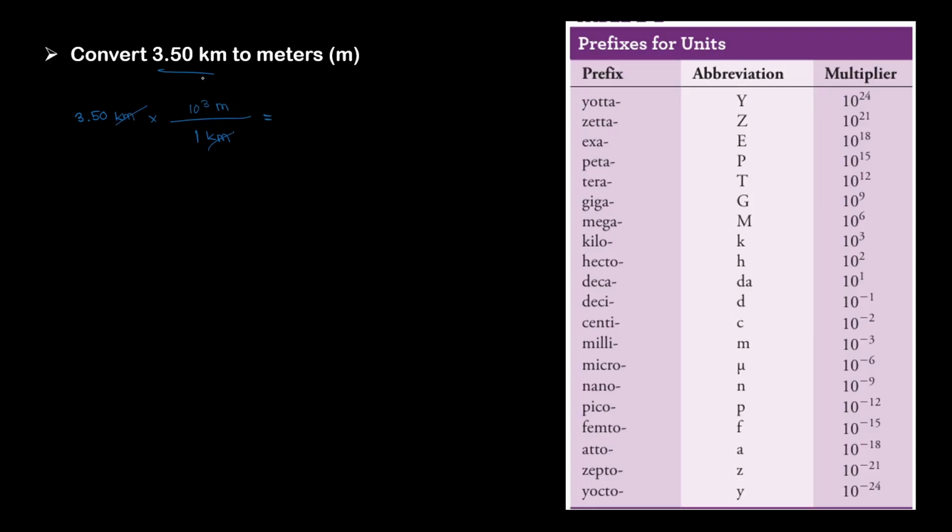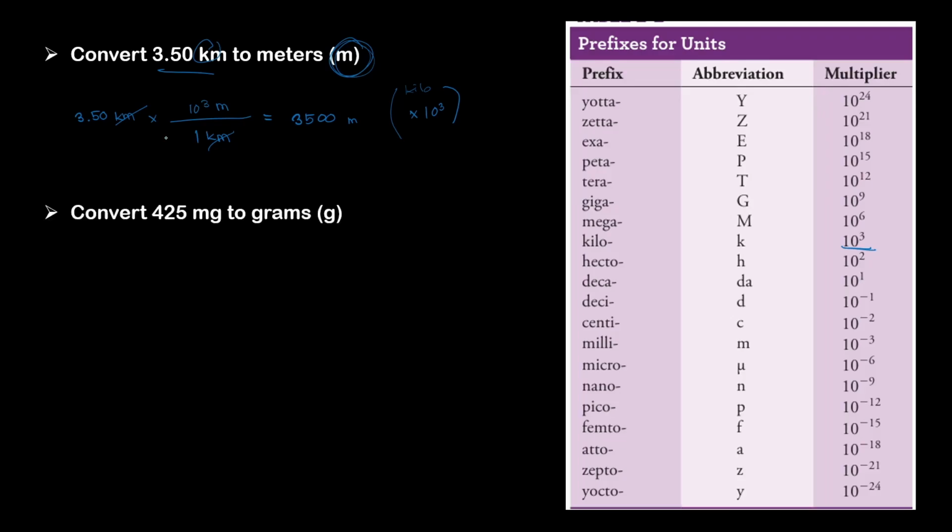So 3.5 times 10 to the power of 3 meter, then we will have 3,500 meter. That's how prefixes work. You just multiply this. So very easy, right? You don't even need to do this dimensional analysis.